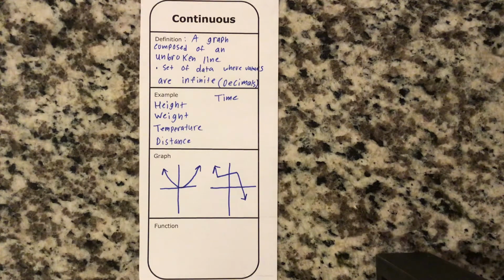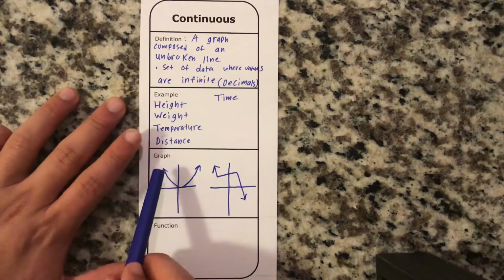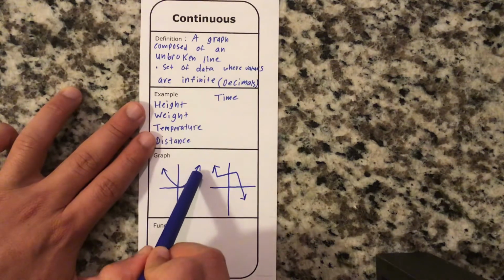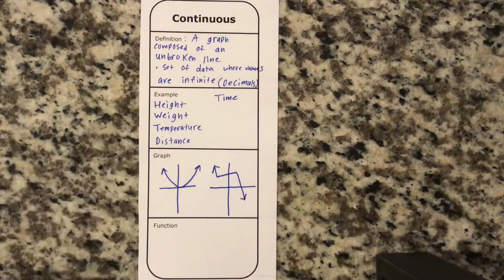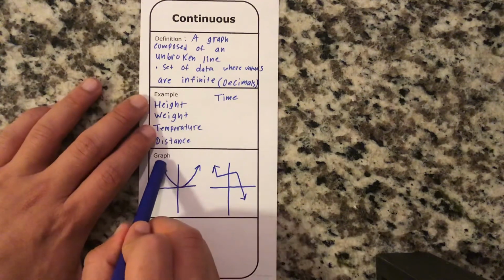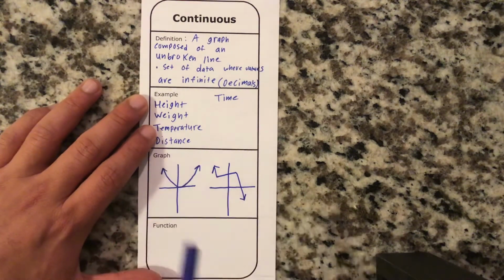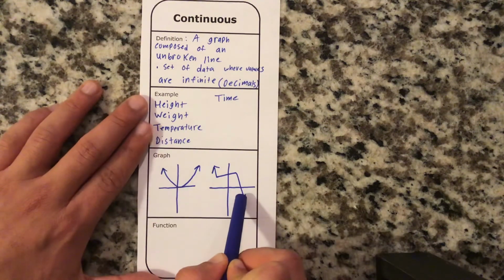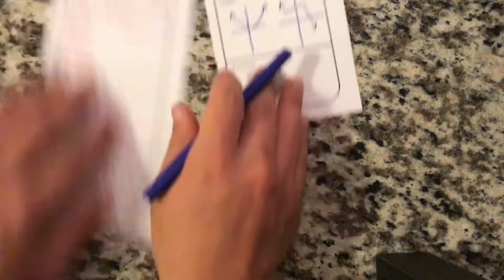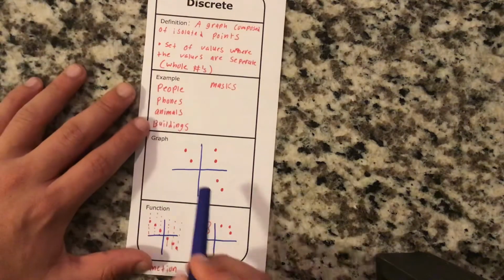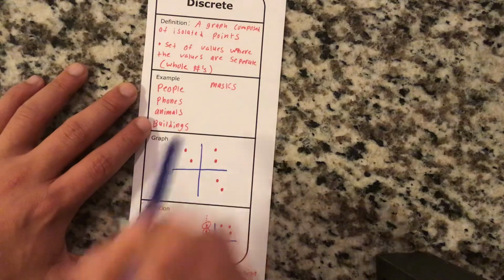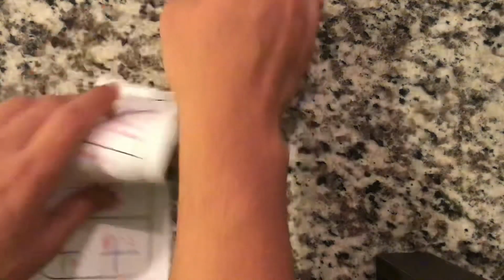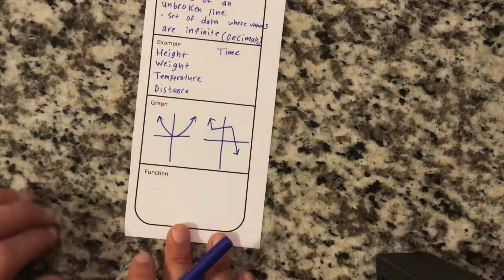So kind of the test you can do is if you put your pen on one side of the graph and you can trace the graph all the way to the other side, it's unbroken, right? Because I didn't pick up my pencil, so it just continuously went all the way from the left to the right. I can do the same thing here. We go down, over, and down again, right? I didn't pick up my pen. We can't do that with the discrete graph, right? Because it's dots. So I have to put 1 dot. I have to pick up my pen to go to the next dot, okay?